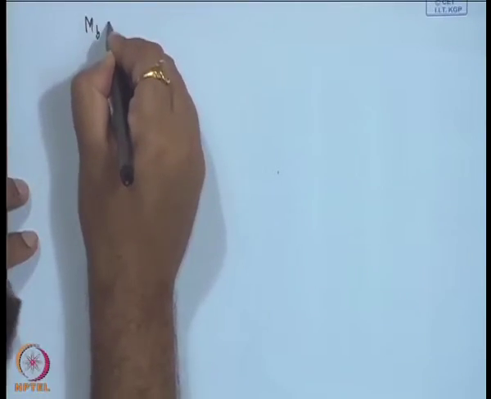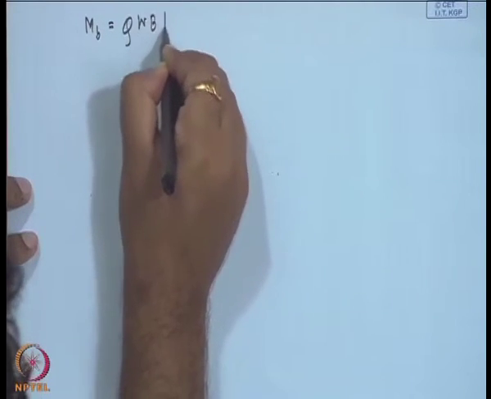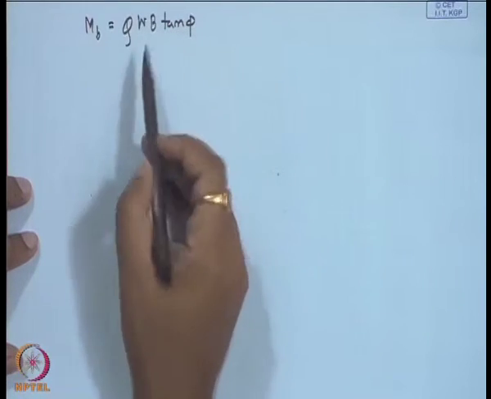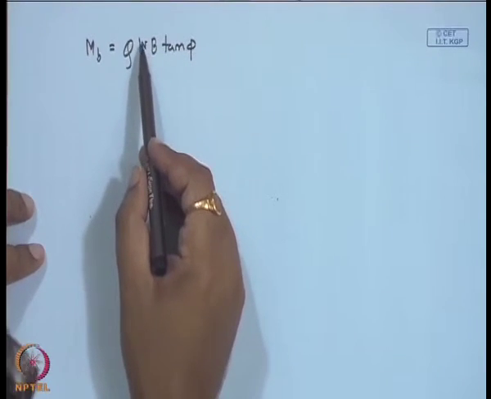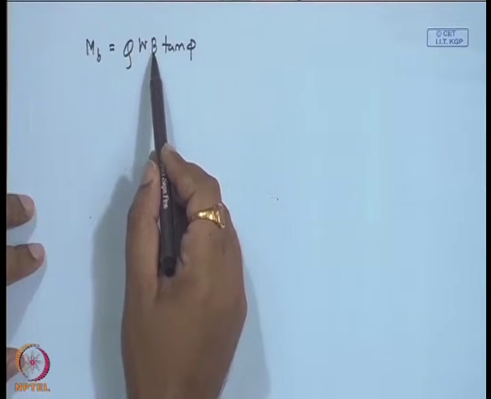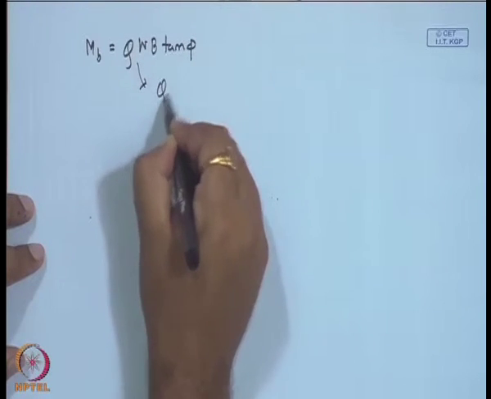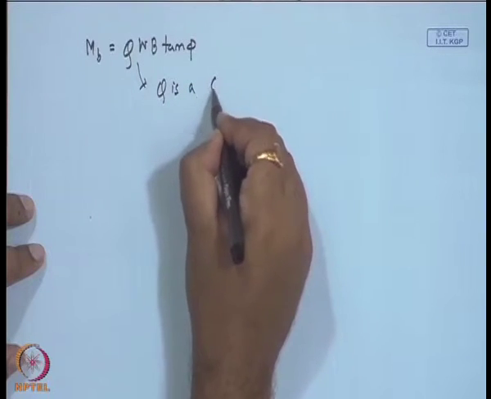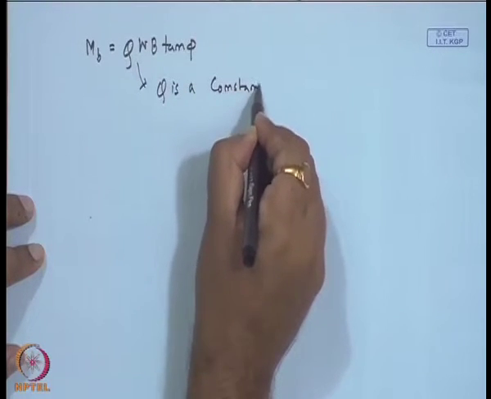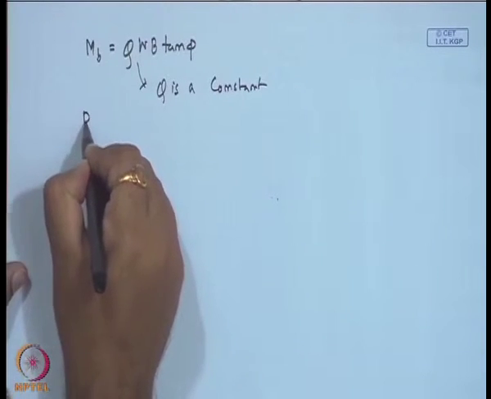So, next, how to calculate this MB. Now, MB we can calculate by Q W B into tan phi, where W is the total vertical weight force, B is the width of the well, and Q is a constant. Q is a constant whose value depends on the shape and the depth of the well.